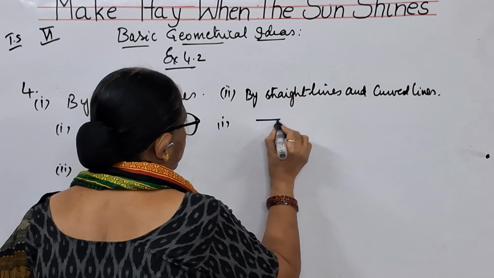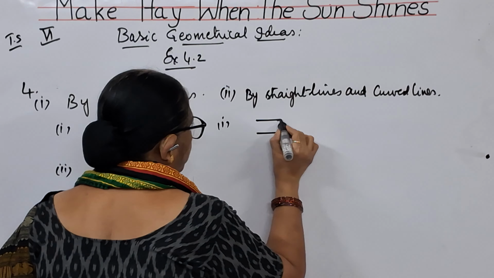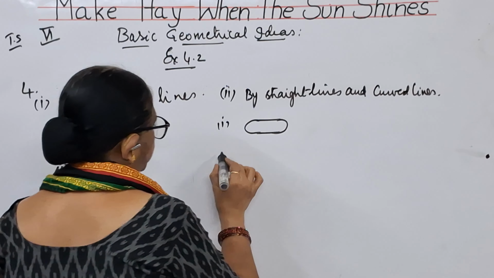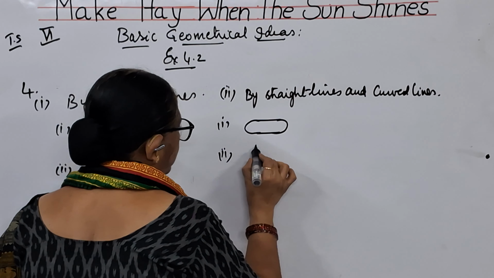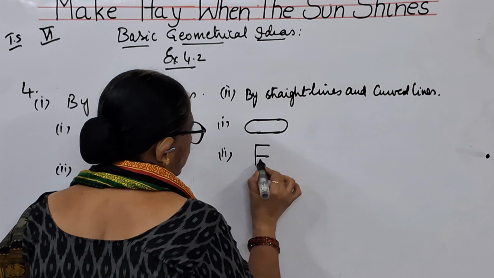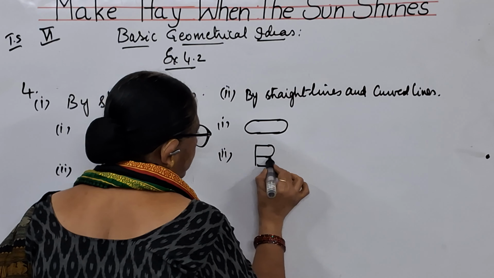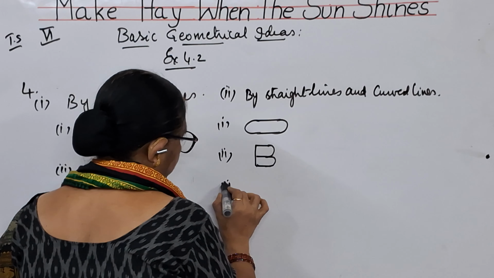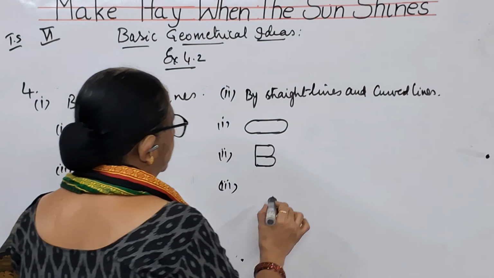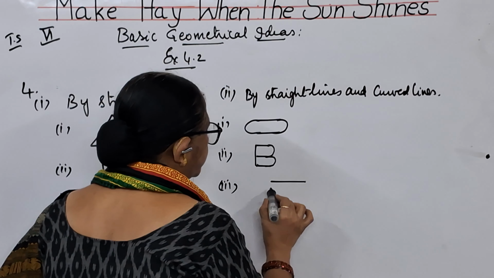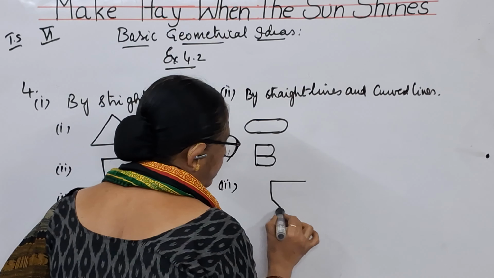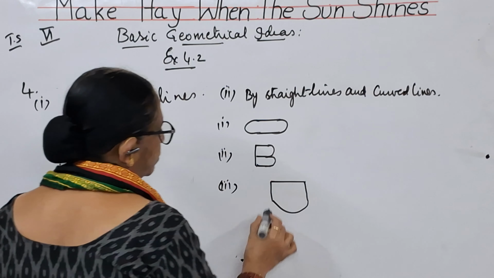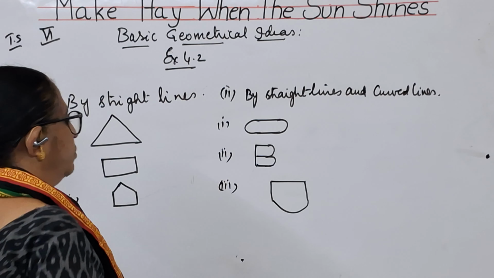First one, let me draw a somewhat cylindrical structure, and the second one, your letter B is made up of straight and curved line, and the third one, you can draw any structure like this. This is made up of straight lines as well as curved lines.